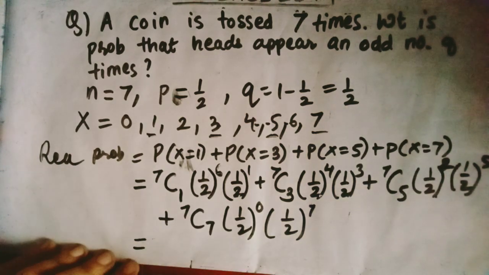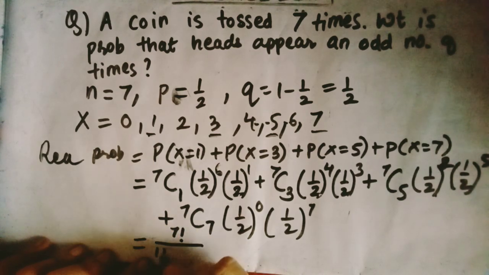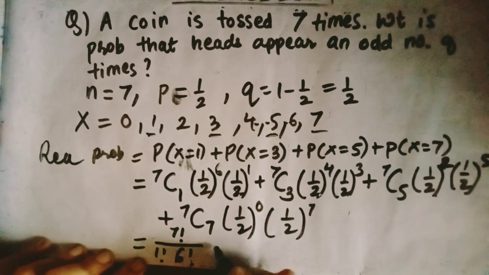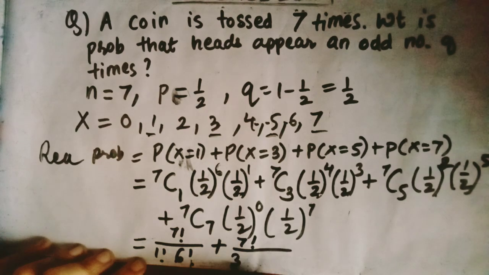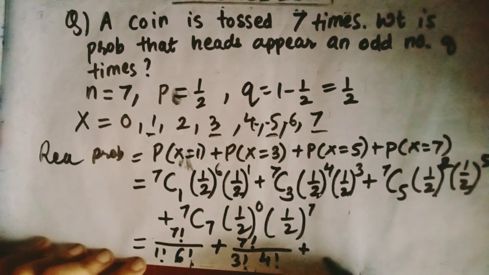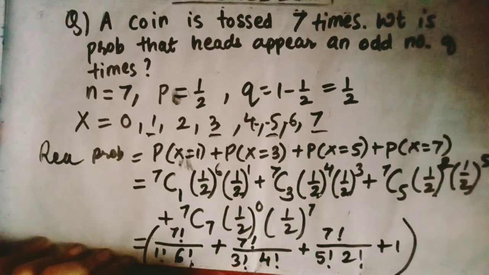So in all these, the common factor is half raised to 7, that you can take outside. Inside it will be 7 factorial upon 1 factorial 6 factorial, plus 7 factorial upon 3 factorial 4 factorial, plus 7 factorial upon 5 factorial 2 factorial, plus 1.